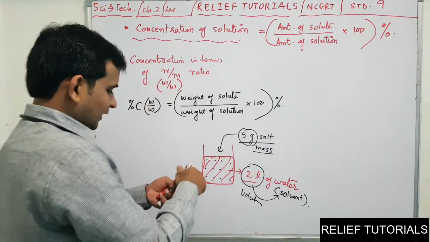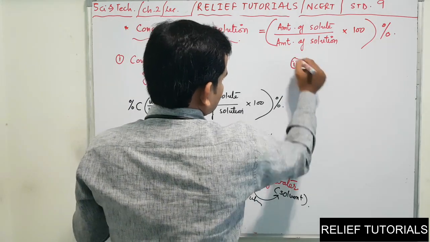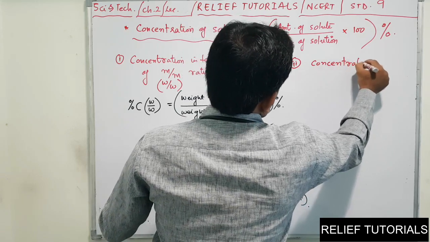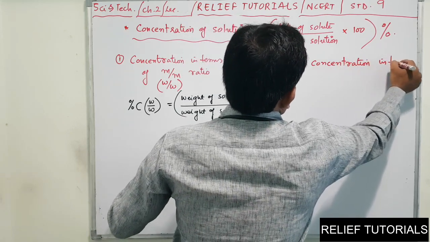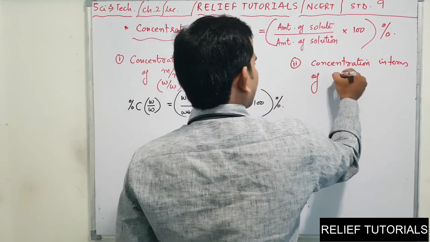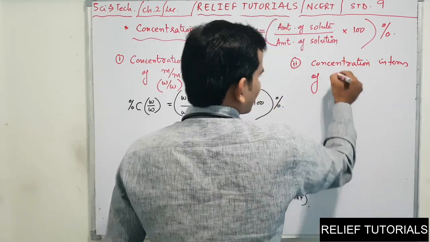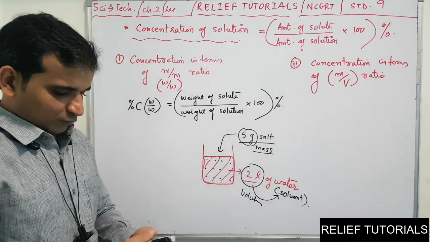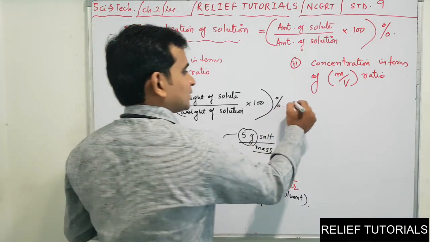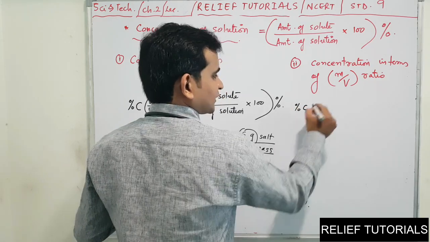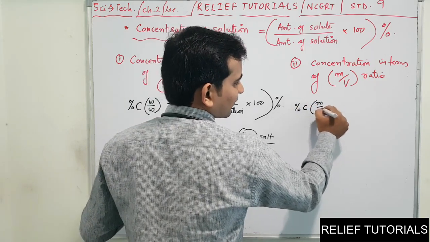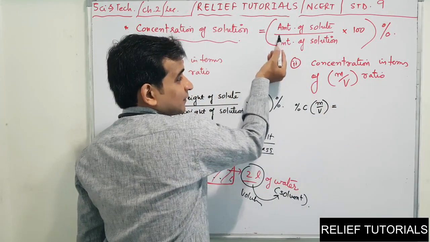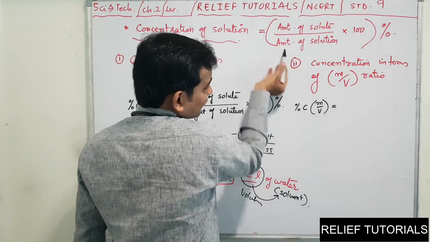So based on this, we have another type of concentration, which is concentration in terms of mass by volume or weight by volume ratio. We can frame the formula like this: percentage concentration in terms of weight by volume or mass by volume, whatever you write, is equals to, replace the amount by mass and the denominator will be volume.